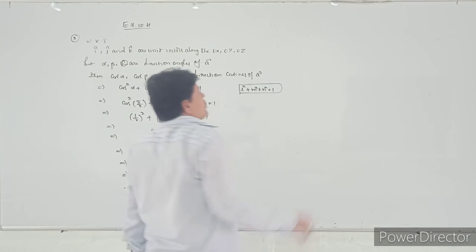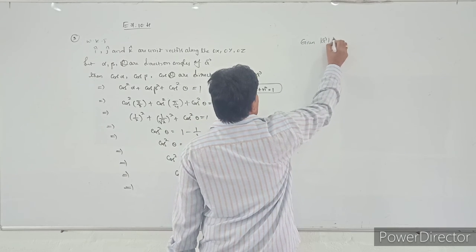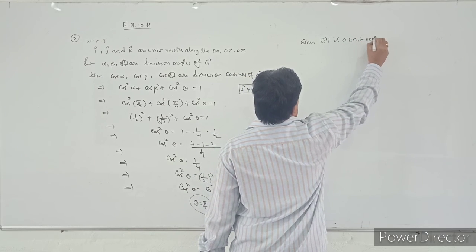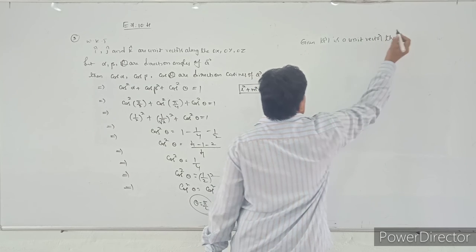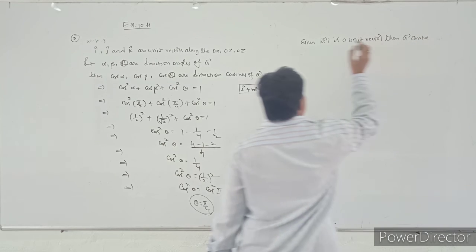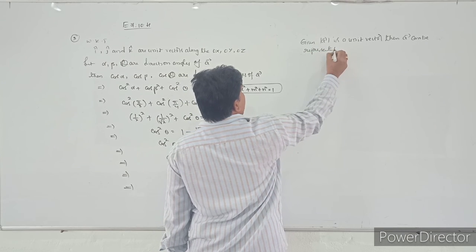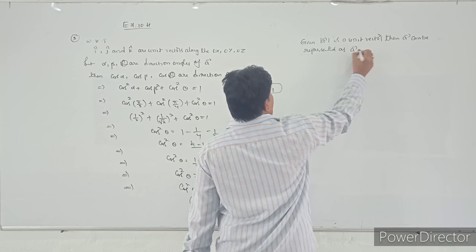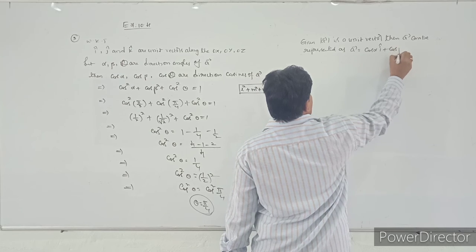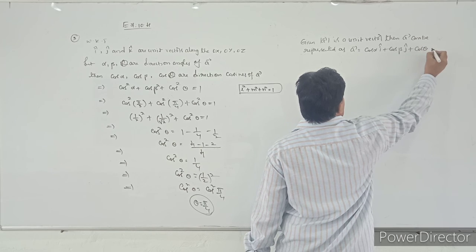So if a bar is a unit vector, then a bar can be represented as a bar is equal to cos alpha i plus cos beta j plus cos gamma k.